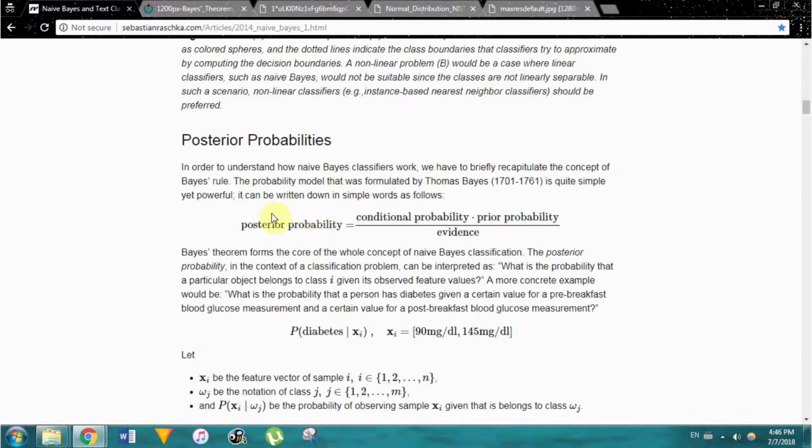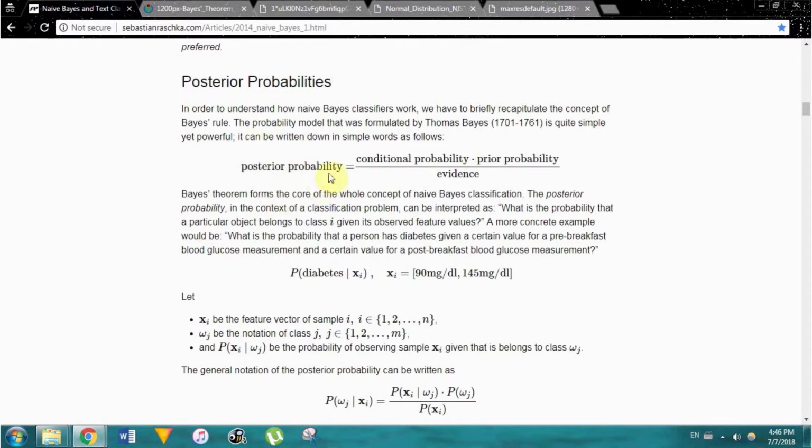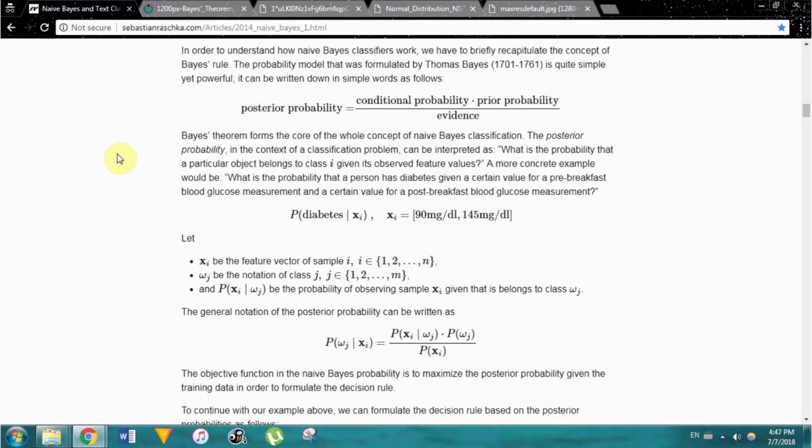So here we have the posterior probability. What Bayes Theorem allows us, this measure that I was talking about, is to find out what the posterior probability of the different samples is. And here, in a more mathematical notation, it's P(A|B). What the posterior probability represents is how probable a certain class is to be observed based on the sample we have, which is exactly what we want to know.